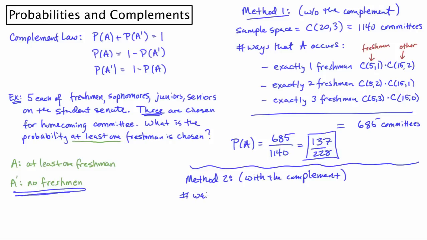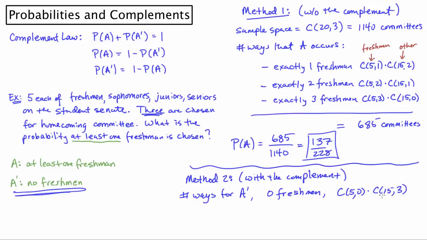So how many ways for A not to occur are there? Well, no freshman would be very easy to calculate. All that means is I'm picking 0 out of the group of 5 freshmen, and I'm picking 3 from the other 15.